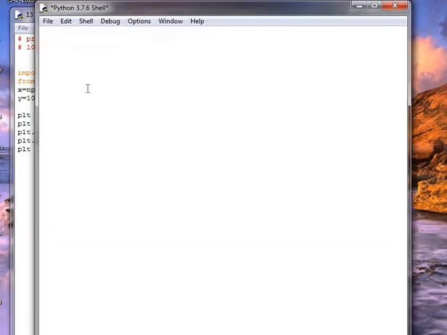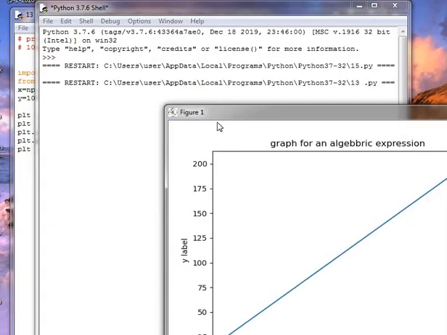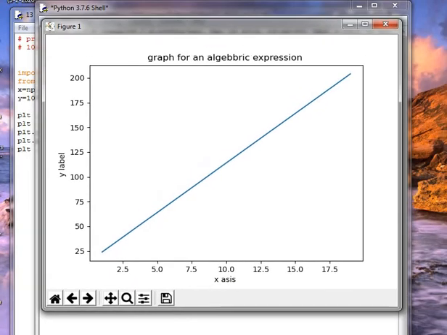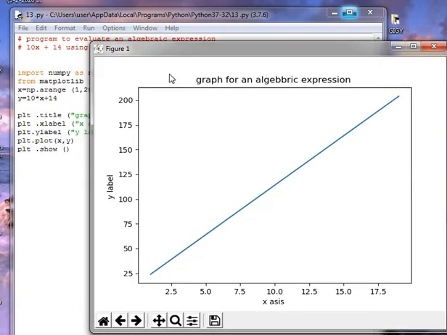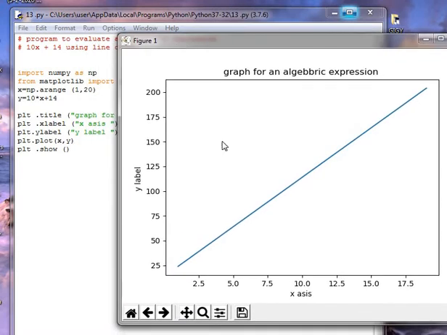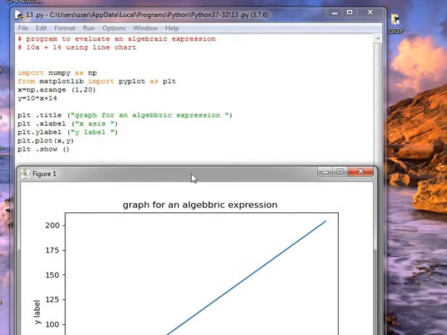Okay, then what about the result? This is our 10x plus 14 equation's output. Here we can't predict the values, so we can add one marker here.